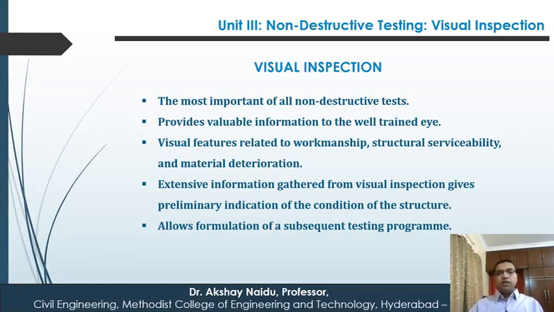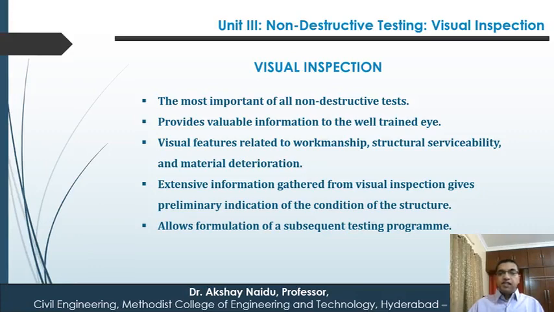So visual inspection, this is the most important of all the non-destructive tests, provides valuable information to the well-trained eye. This is very important. This is for a well-trained eye. And then visual features related to workmanship, structural serviceability and material deterioration.